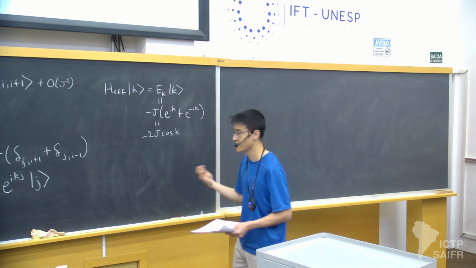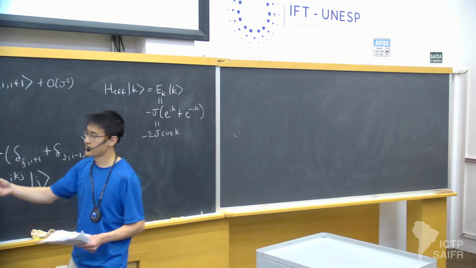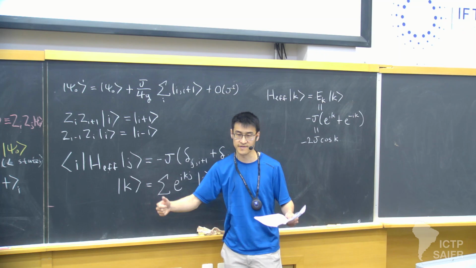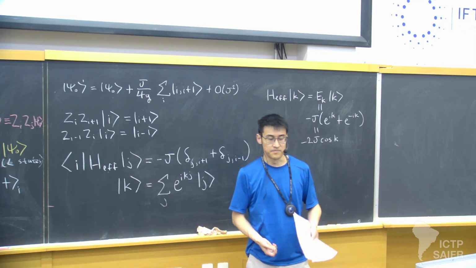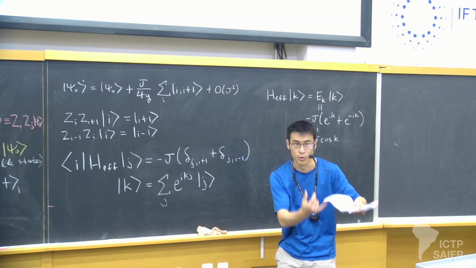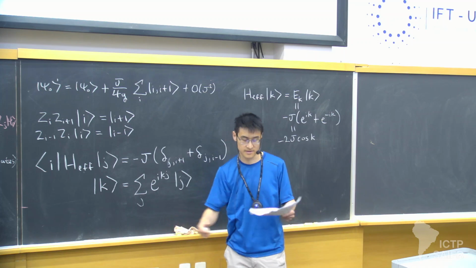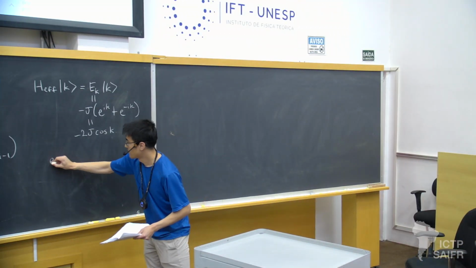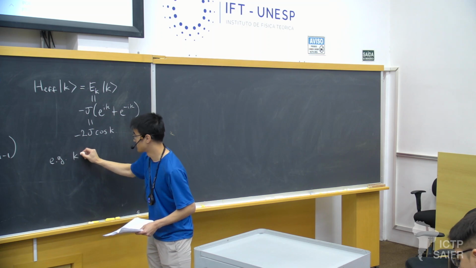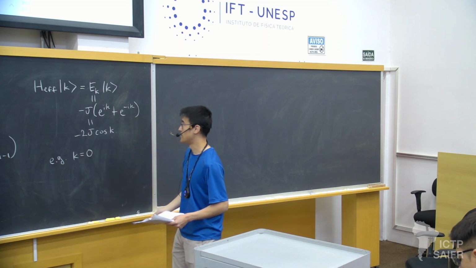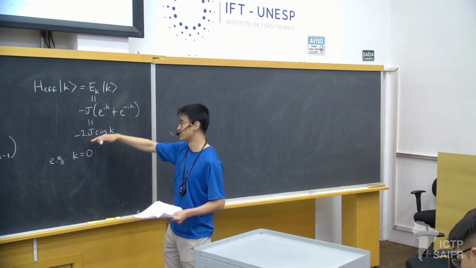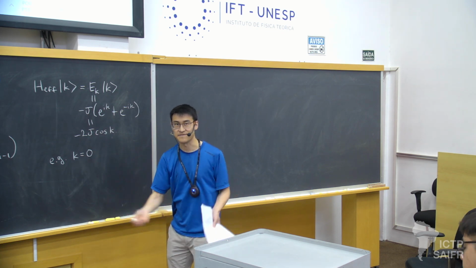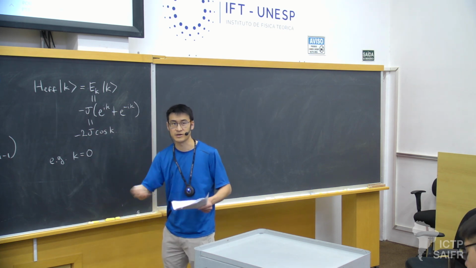Okay, so we see that the effect of this ferromagnetic coupling is to hop these spin flip excitations, and so now these spin flip excitations can lower their energy by hopping. Okay, so you can see that, for example, for the k equals 0 mode, the k equals 0 mode reduces its energy by 2J due to the fact of this hopping interaction.